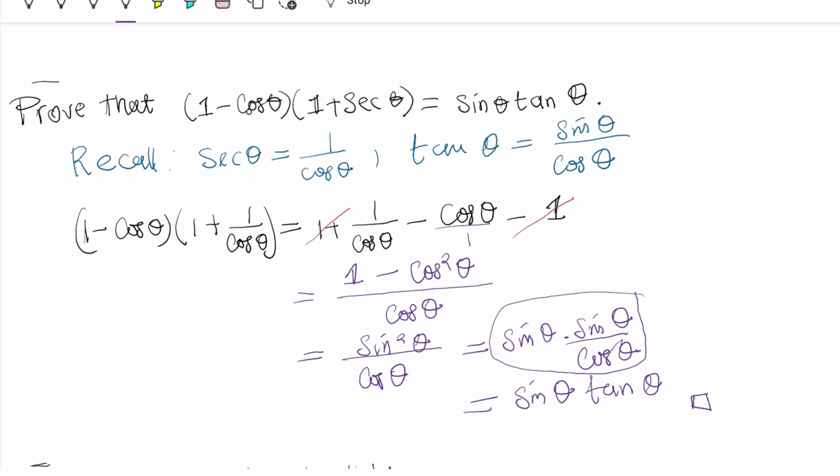I have 1 minus cos theta, then 1 plus sec theta. I can write secant theta as 1 over cos theta. Then you just expand the brackets using distributive property, then look out what is cancelling, then combine the fraction, and you arrive at that answer.